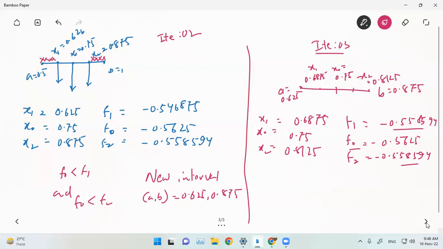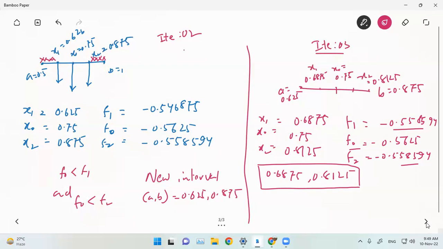Since this is the scenario, we can say that our next interval will be basically 0.6875 and 0.8125. But we calculated that we have to go up to 7 experiments, which is already achieved, because in the first one we have 3, then the second one 2, then 2.